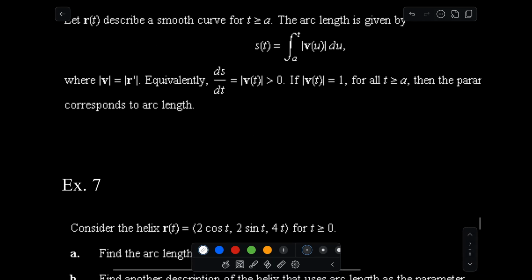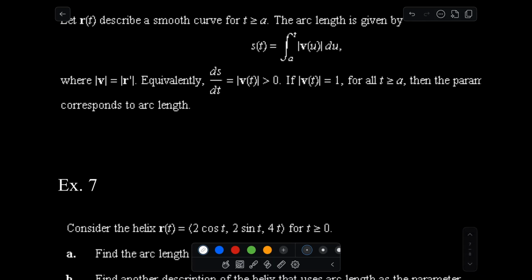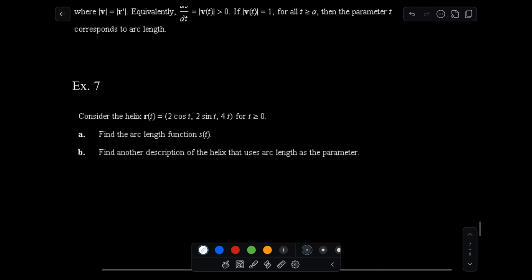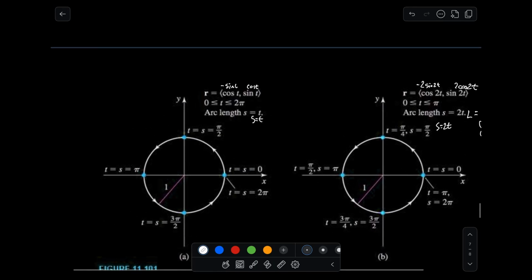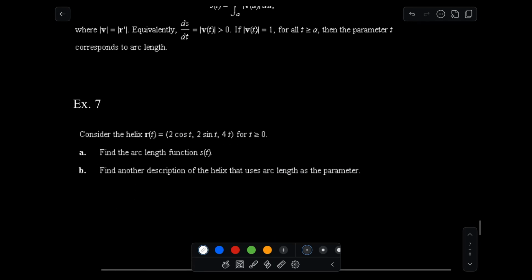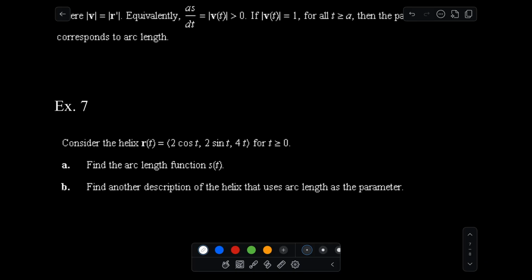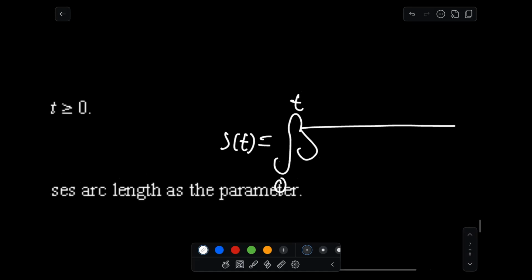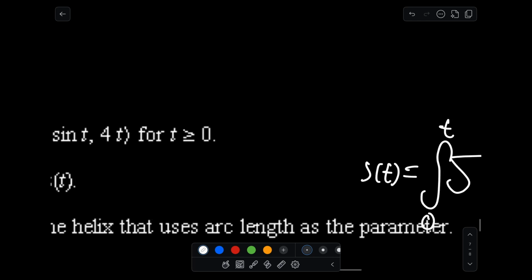Find the arc length function s of t, and then find another description that uses the arc length parameter. So the arc length function for this is just going to be s of t equals this, from 0 to t. And then we have to take the derivative of this.